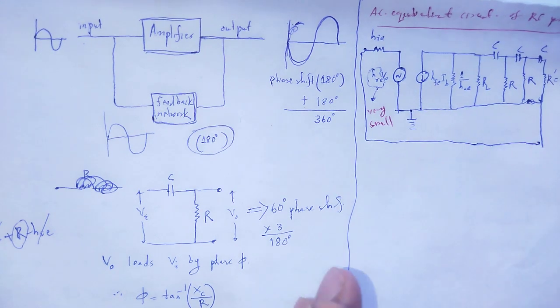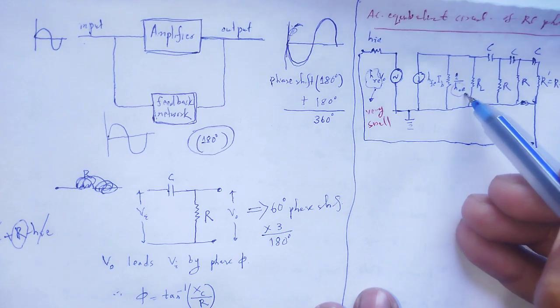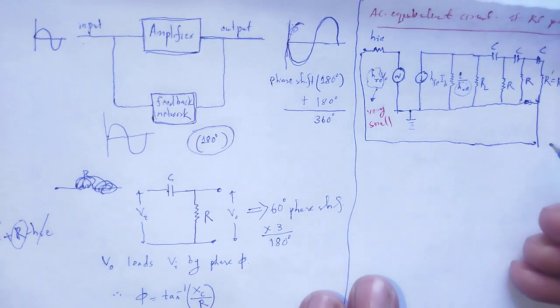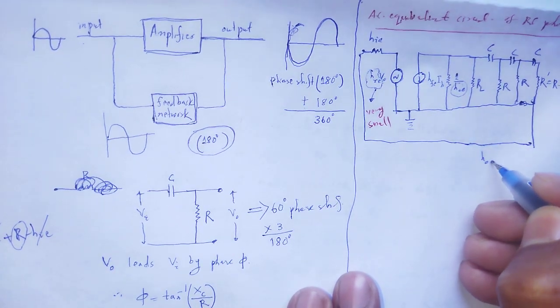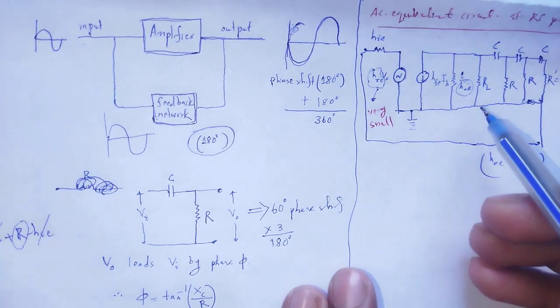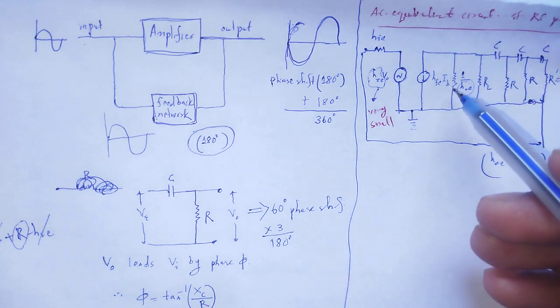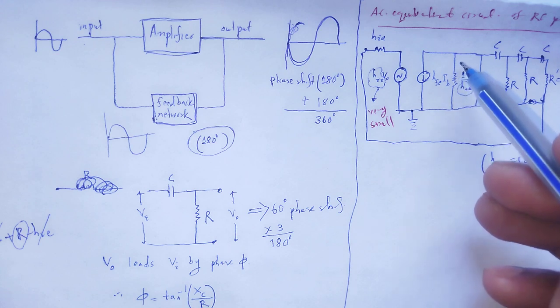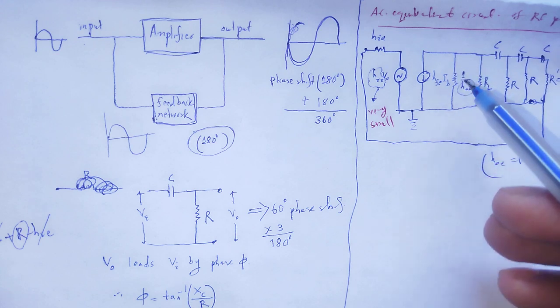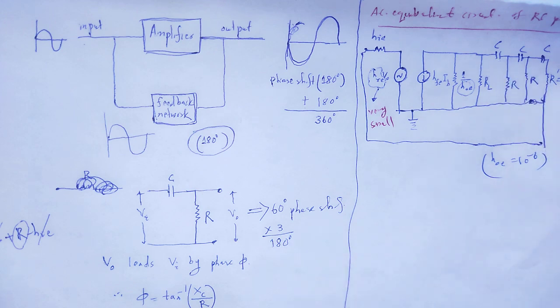HOE is of the order of 10 to the power minus 6. Therefore, 1 divided by 10 to the power minus 6 is very large, so we can neglect it, or that resistance just acts as an open circuit.